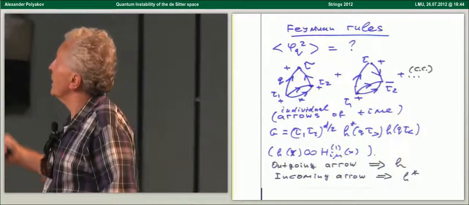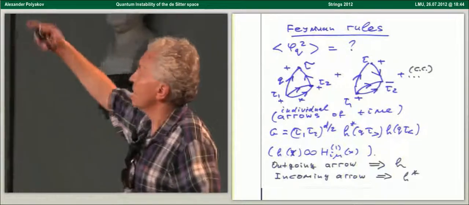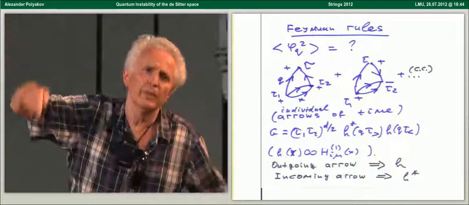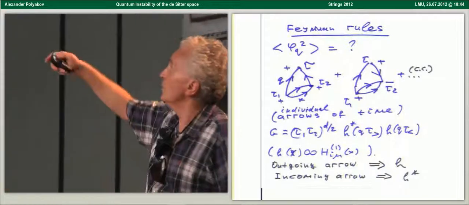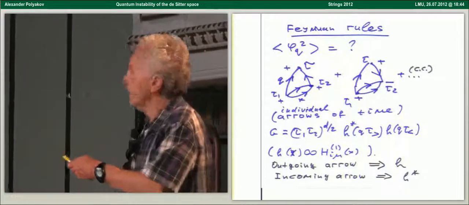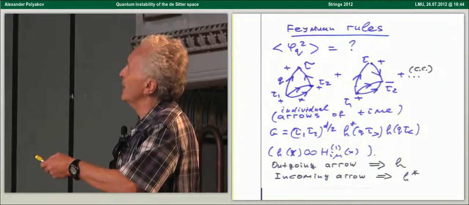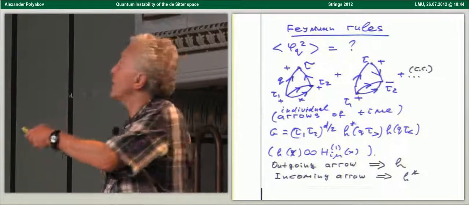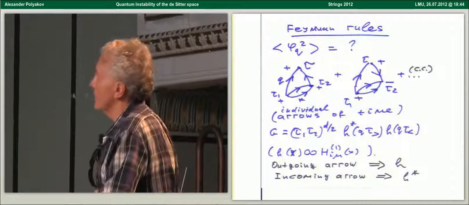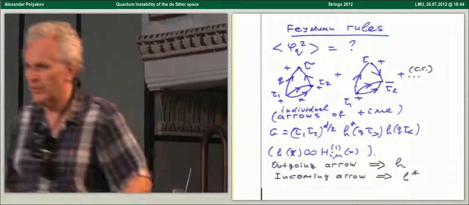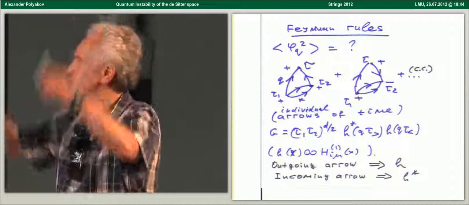And you can calculate Feynman diagrams like that. There are simple Feynman rules or Schwinger-Keldysh rules. You actually attach an arrow of time to each particle. Time goes, as is well known, from down to up.